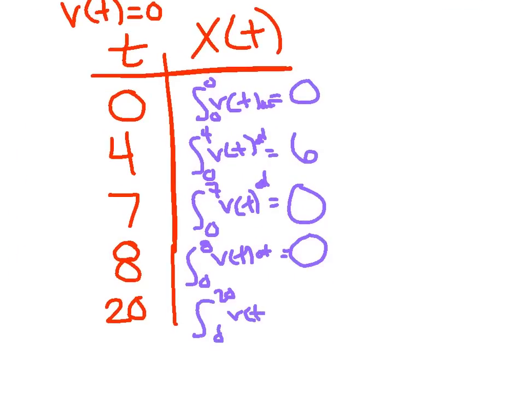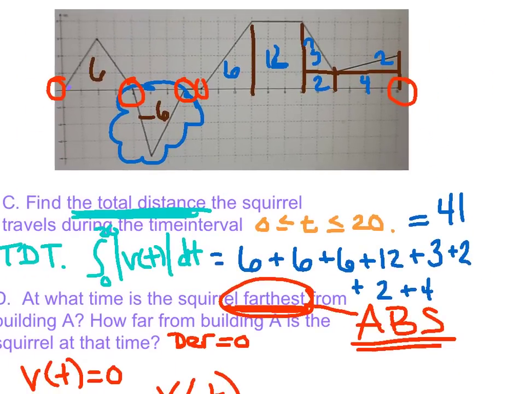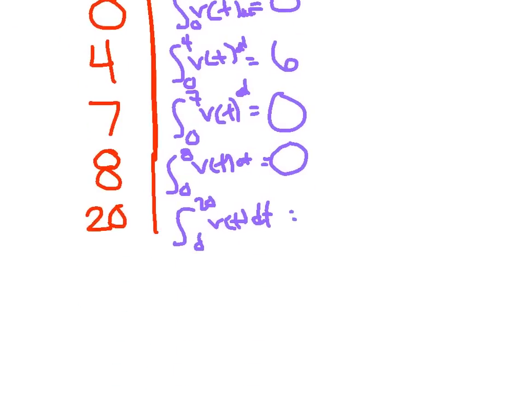Now be careful, you are not taking absolute value in this case. All right, we are not taking absolute value. So I'm going to go back up here. That's implying that this 6 and this 6 are going to cancel each other out. So I basically need to add the 6, 12, 3, 2, 4, and 2. And if I did that right, I think that gets me an area of 29.